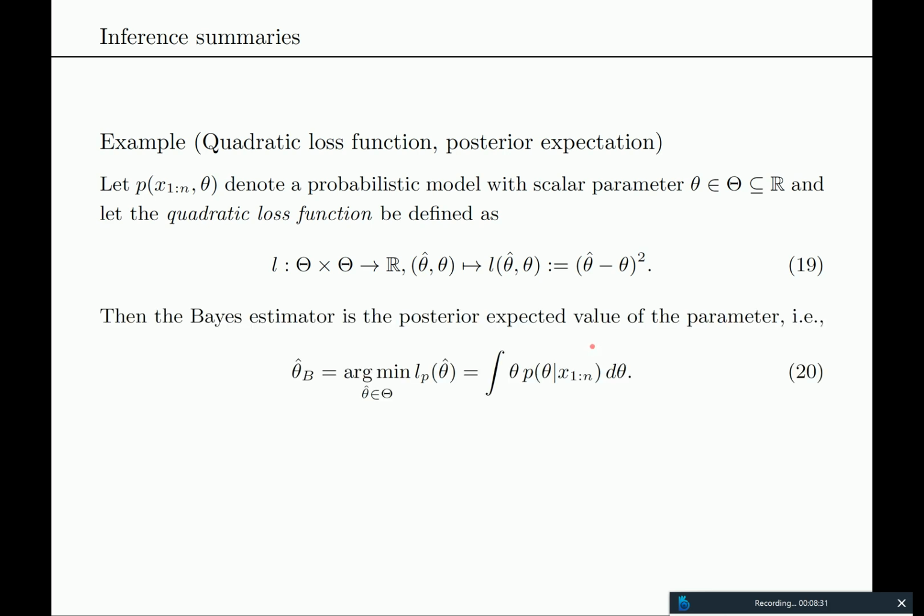Now, the question is then, what's the Bayes estimator under a quadratic loss function? And one can show, and this is on the next slide, that the Bayes estimator under a quadratic loss function is the posterior expected value. So you have a posterior distribution, then of course you can compute the expected value of the parameter under the posterior distribution. That's nice.